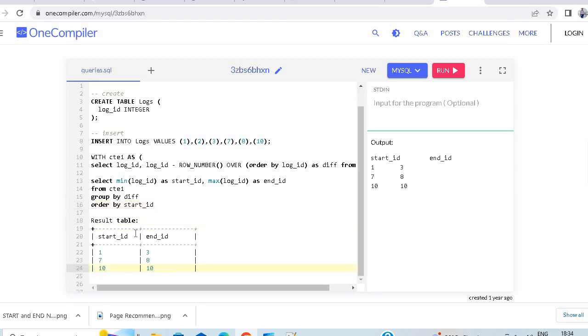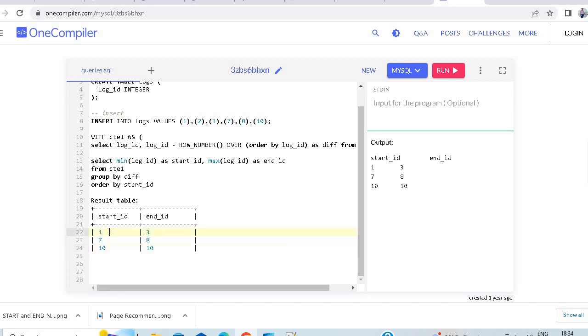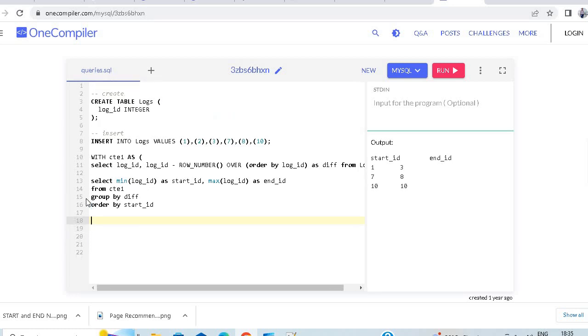So now if you see, it is starting with 1, ending with 3, starting with 7, ending with 8, starting with 10, ending with 10. So yeah, this problem is a bit tricky. We need to solve this by keeping our mind clear.